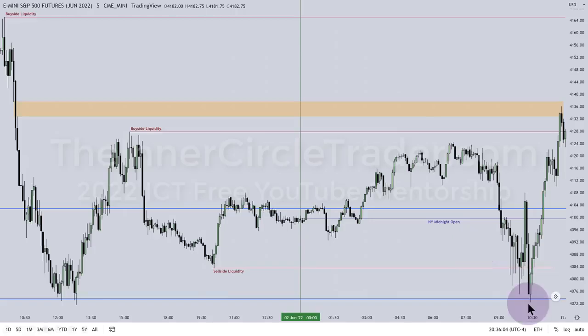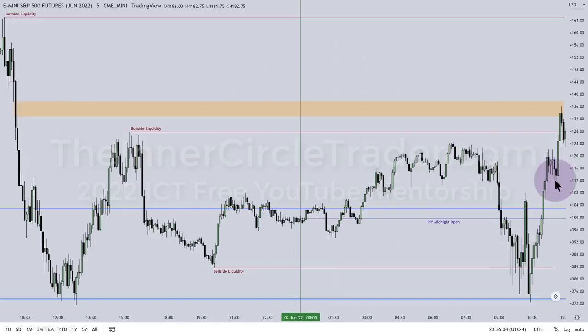But once I got back to the screens and I saw the market dropping down into this area here, I tweeted and asked everyone on Twitter if they could find the 5-minute fair value gap above price. I gave them a minute or two, and then I shared the chart in case they were confused as to what was being discussed.